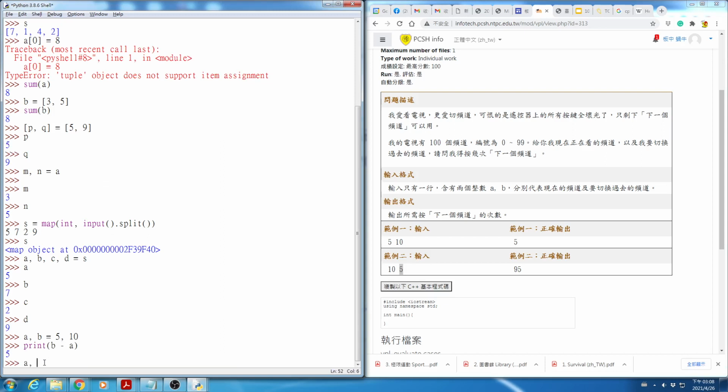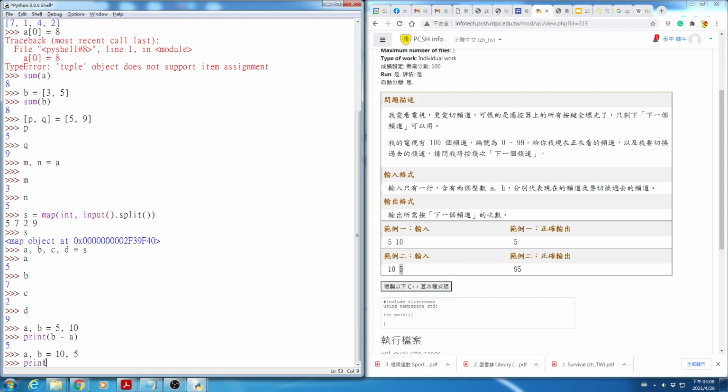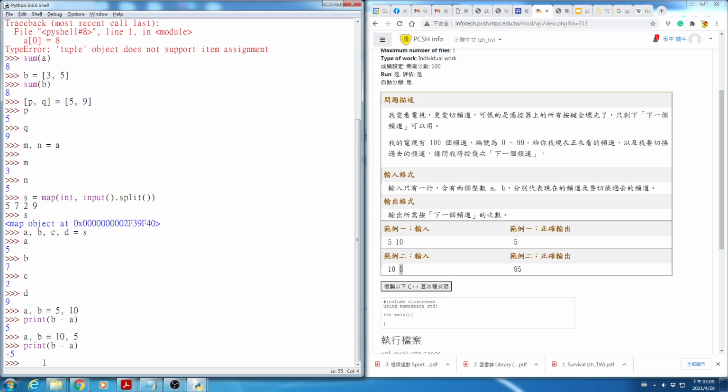But if you have A and B as 10 and 5, what will it get you? 95. It will get you negative 5. So what do we do? Plus 100? But if you plus 100, it will ruin the other answer, since 5 plus 100 will be 105.